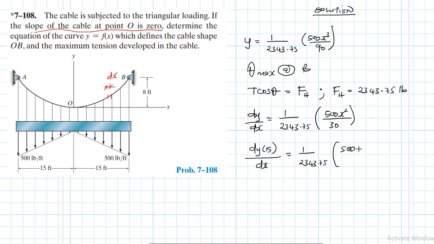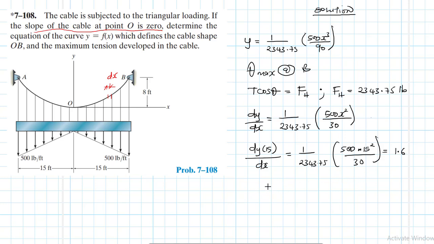So 500 times 15 squared divided by 2343.75 times 30. We find a value of 1.6.